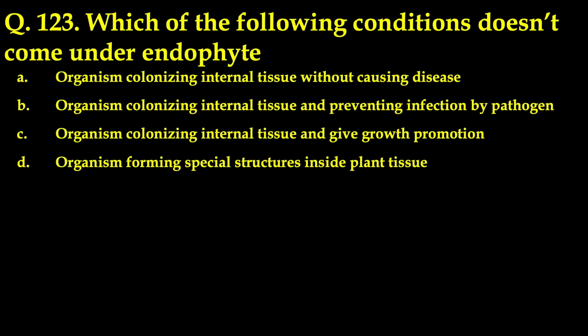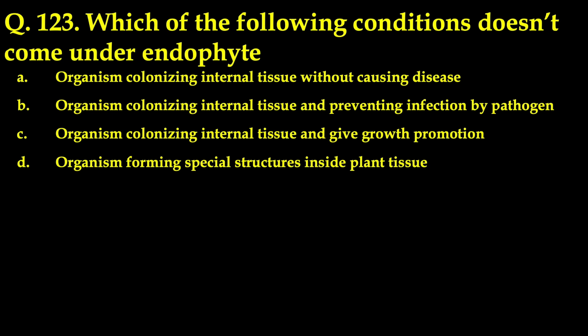Next question is on which of the following conditions does not come under endophyte. There are 4 options. These are organism colonizing internal tissue without causing disease. Next, organism colonizing internal tissue and preventing infection by the pathogen. Next option is organism colonizing internal tissue and giving growth promotion. And last option is organism forming special structure inside plant tissue.